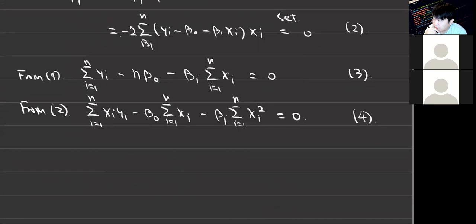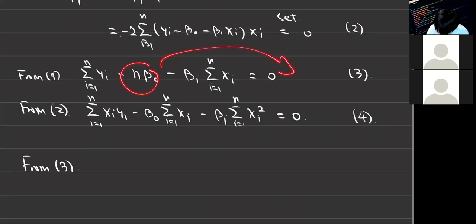So now we can just rearrange the equation a little bit. So from 3, I'm going to rearrange such that beta 0 stays on one side, and everything else moves to the other side. That's the goal. So what I'm going to do is move this to the right-hand side, and then rewrite it so that beta 0 stays on one side and everything else stays on the other side.